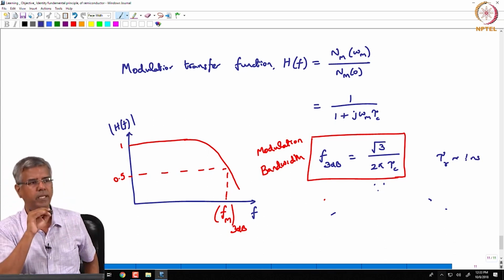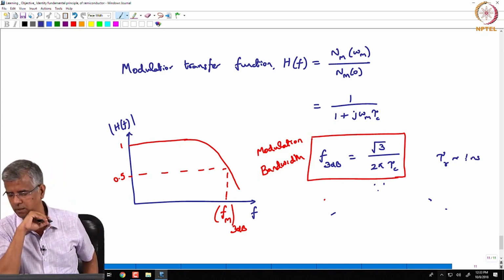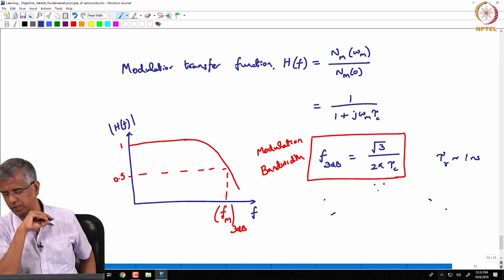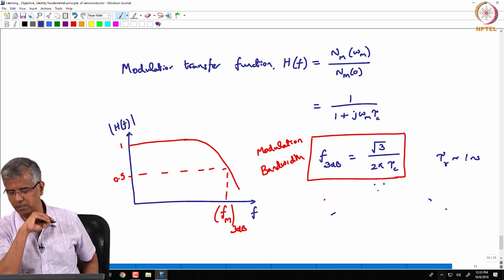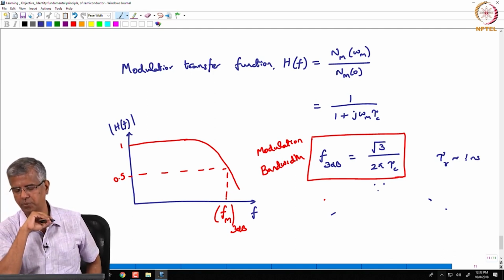That is typically the radiative recombination lifetime in a semiconductor.